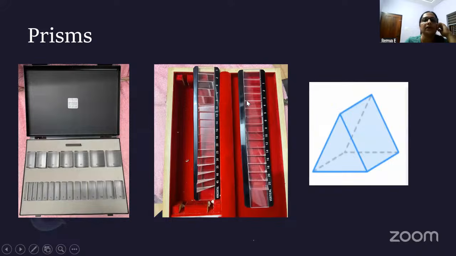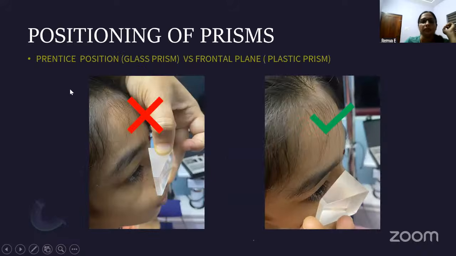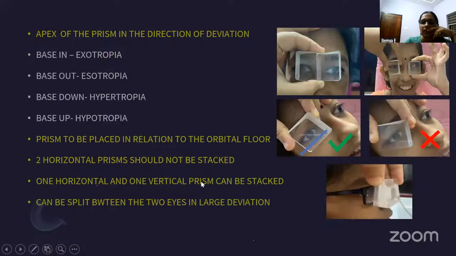In a squint specialist's armamentarium, these are the main things to measure the squint: either the loose prisms or the prism bars. Prism bars you get in vertical and horizontal directions, and these are the loose prisms. Normally we use the plastic prism. This should be placed in the frontal plane, whereas the glass prisms are placed in the Prentice position.